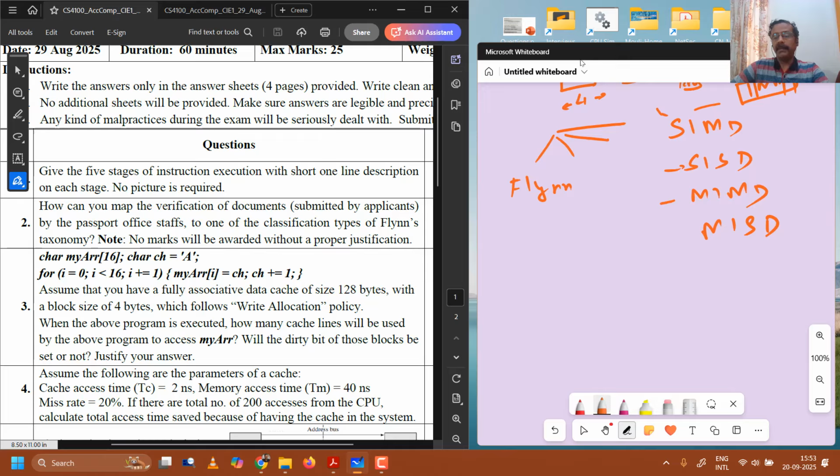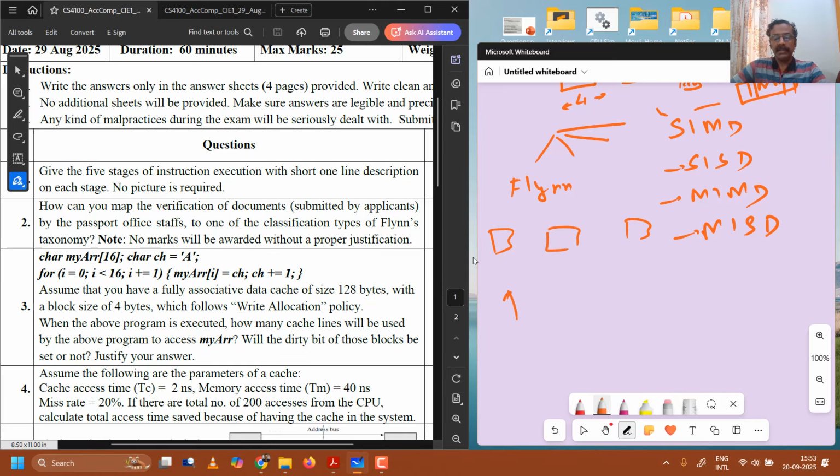So now I'm just giving a scenario. Let us see what happens in a passport office. Different customers come with their own documents.